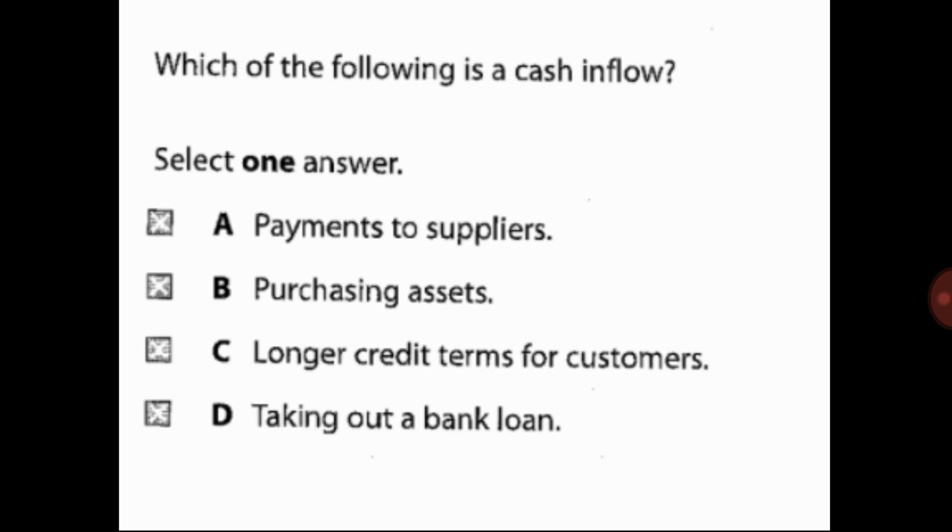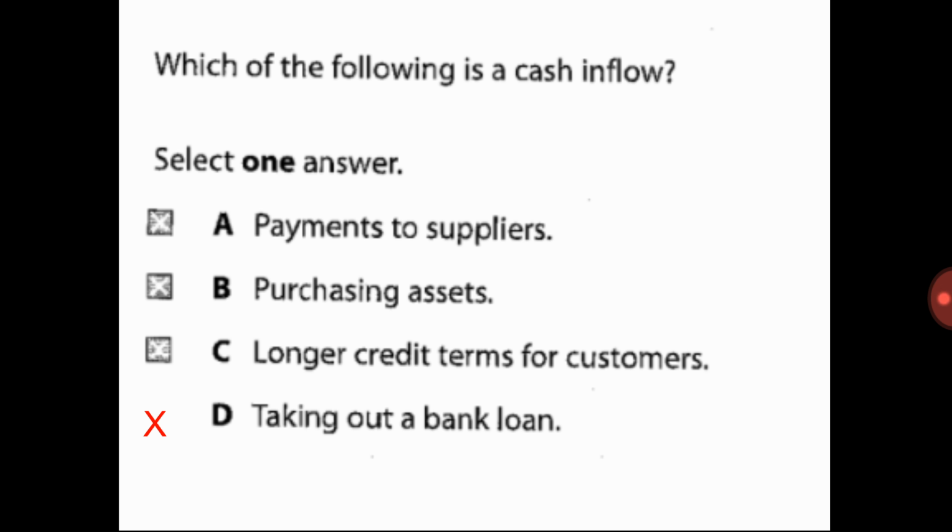Which of the following is a cash inflow? Pause the video and then I'll reveal the answer. Okay, taking out a loan. Now, payment to suppliers, cash going out of the business. Purchasing assets is cash going out of a business. Longer term credit terms for customers.